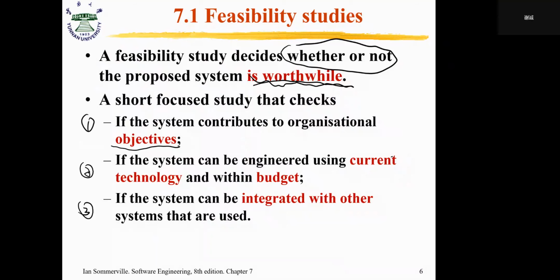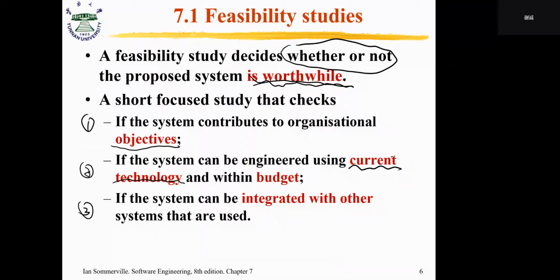You may not get the money, because the customer will not be satisfied with the system you developed, since they do not really know what they want. This is the first thing you must check. Then second, you must check if the system can be engineered using what?